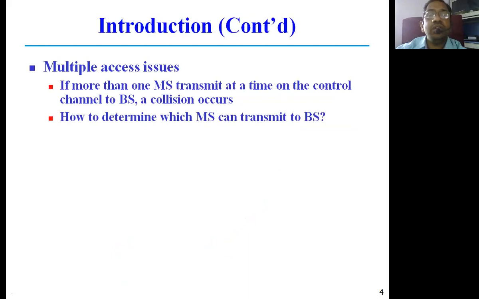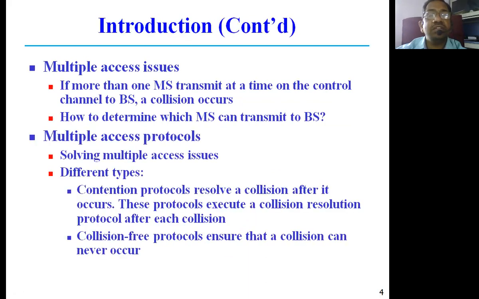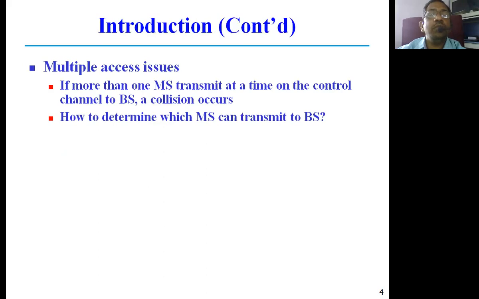Then what are the main issues in the case of multiple access? If more than one mobile station transmits at a time on the control channel to the base station, a collision occurs. What is the problem we can come across in the case of transmissions? The collision may take place.